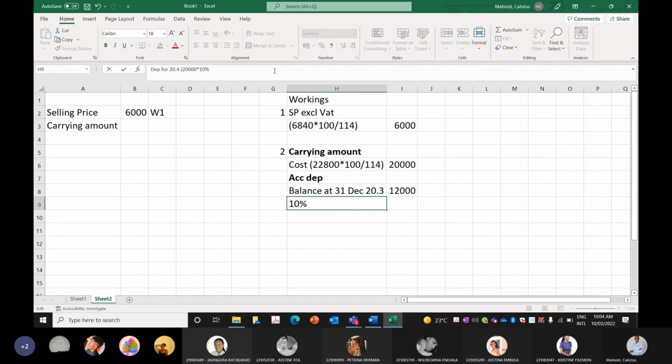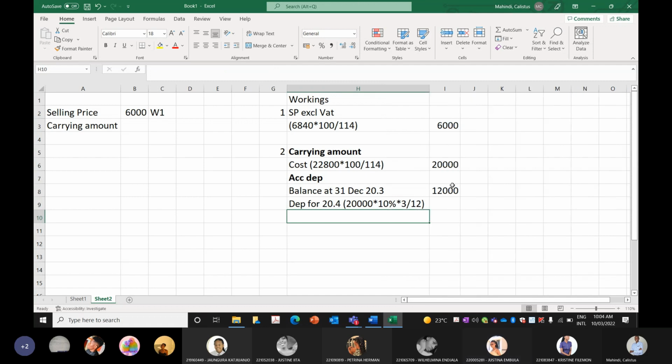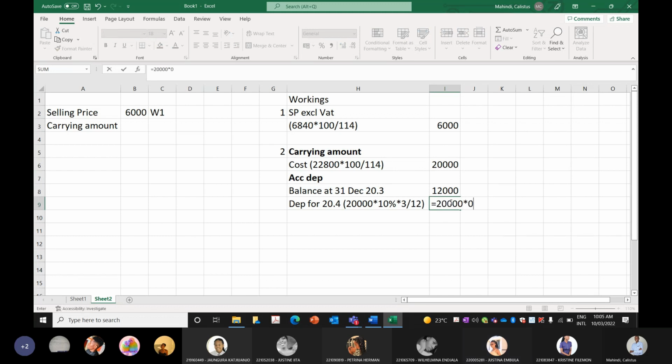But we only have 3 months, so it's times 3 over 12 to get depreciation up to 31 March: January, February, March. All right, so 20,000 times 10% times 3 over 12, we get an amount of 500.